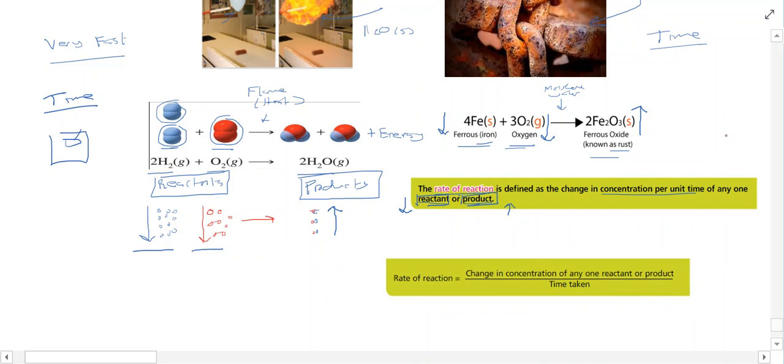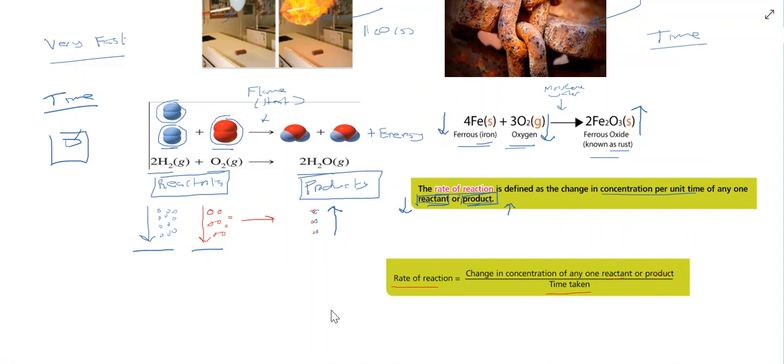From a mathematical point of view, the rate of a reaction is the change in concentration of either the reactant or the product, divided by time. So this is your word definition, and this is your mathematical definition that we can use: rate of reaction is the change in concentration of any one of the reactants or products over time.